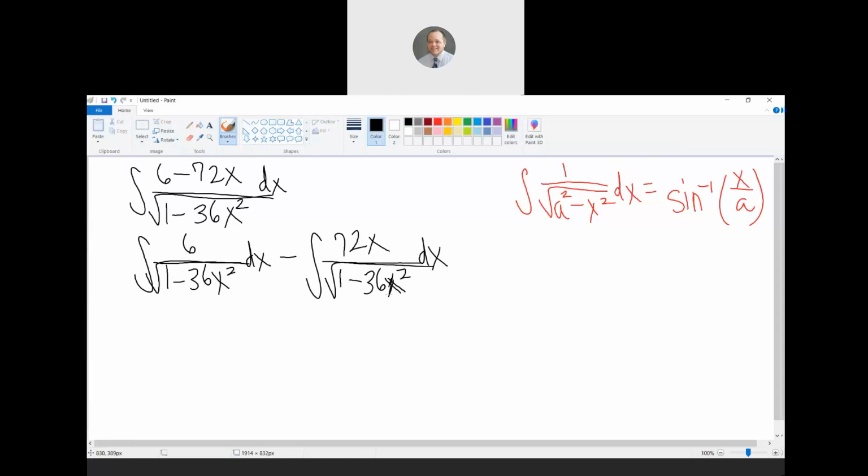Let's do the second integral first because our top exponent is one less than our denominator's exponent. So I think that indicates using u substitution. So let u equal 1 minus 36x squared. When we take the derivative of both sides, we get du equal to negative 72x dx.